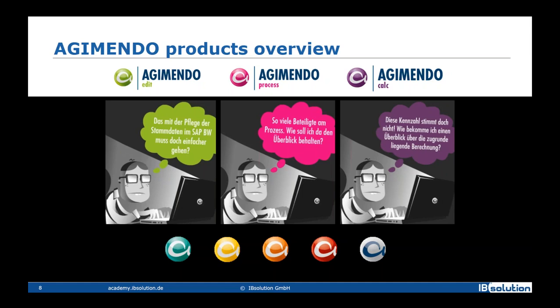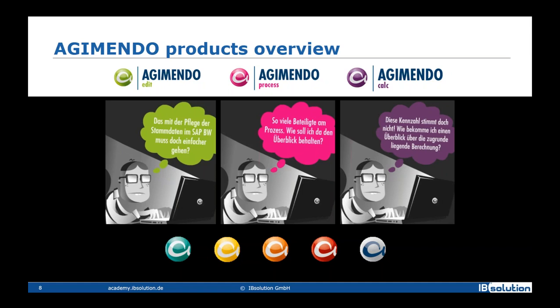Also, you can see we have small icons on the bottom of the slide. They represent packages that are dependent on the main products, Edit, Process, and Calc, that allow you to do specific tasks.